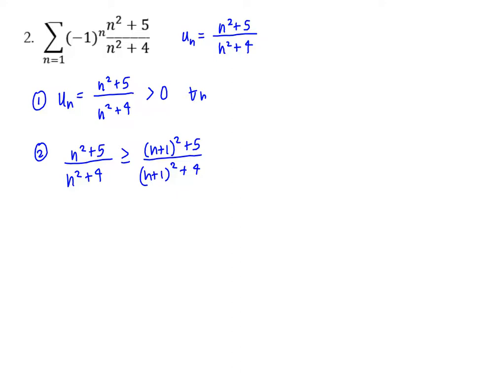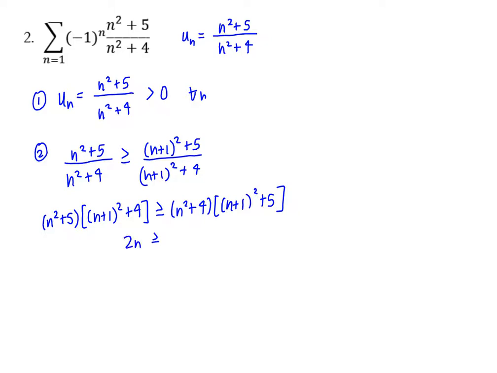If we cross multiply, we'd have (n squared plus 5) times ((n plus 1) squared plus 4) greater than or equal to (n squared plus 4) times ((n plus 1) squared plus 5). So if you want to pause the video here and do that algebra, there's some FOIL and then some FOIL again. You can simplify this down to the fact that 2n is greater than or equal to negative 1, and that is true for all n.